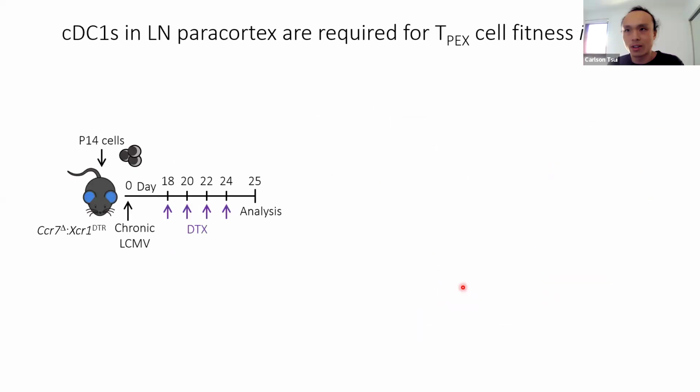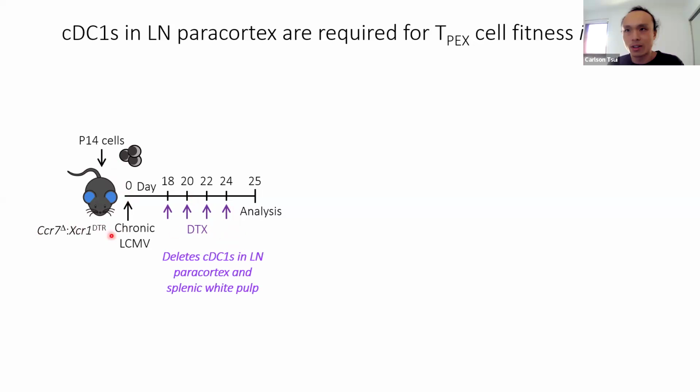So we now want to remove cDC1s from the system and see what happens. We generated this mixed bone marrow chimera model where we combine CCR7 deficient bone marrow and also XCR1-DTR bone marrow. What this mouse model allows us to do is to apply diphtheria toxin treatment and deplete the cDC1s that express the DTR.